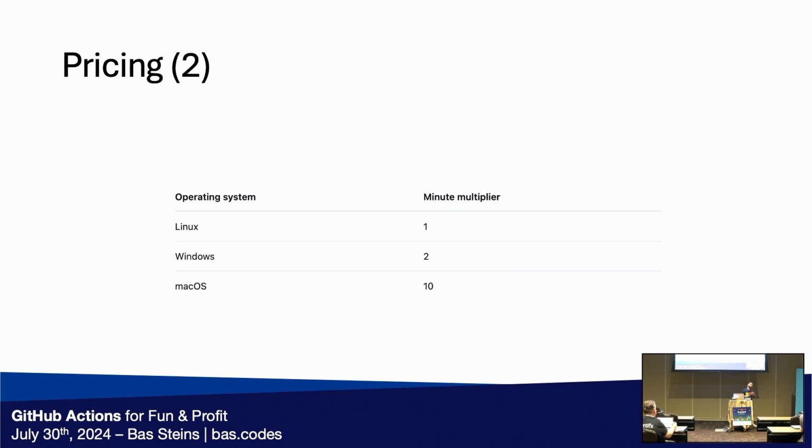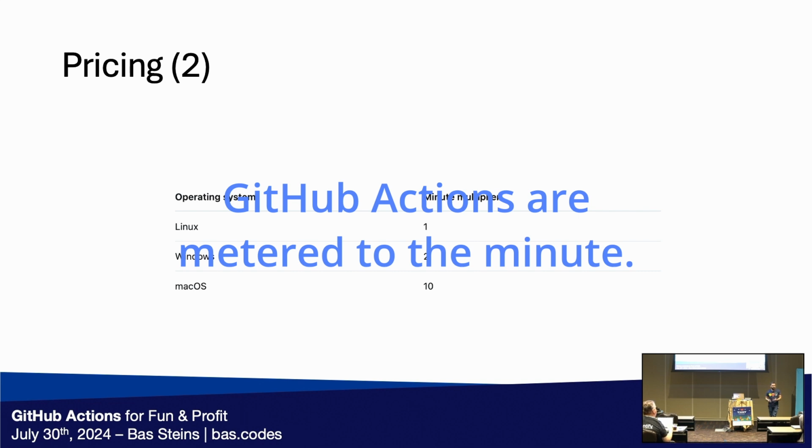Do the math on your own, it's quite difficult to do that on stage. But whenever the workflow runs, that counts as a second. And I think the precision that GitHub does is to the second. So, you pay per minute, and it's a minimum of a minute.